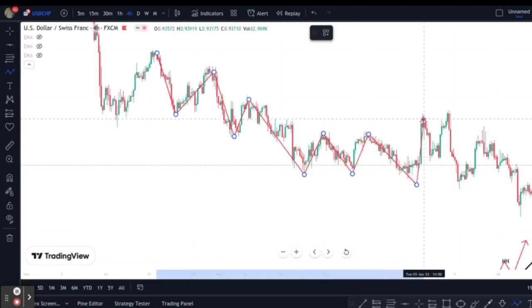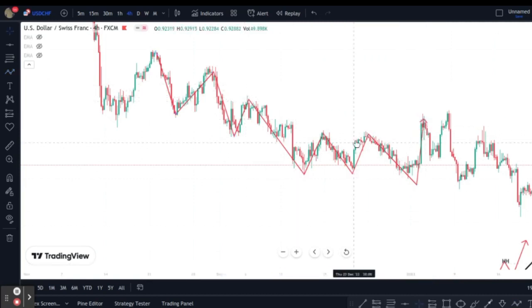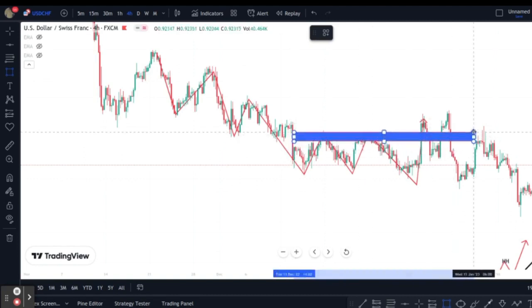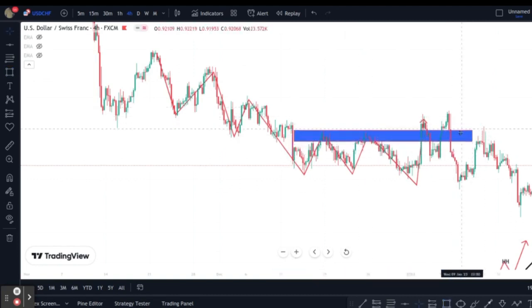There is something that happened here. This is a low, so the retracement is not supposed to break this level if this trend is going to continue.